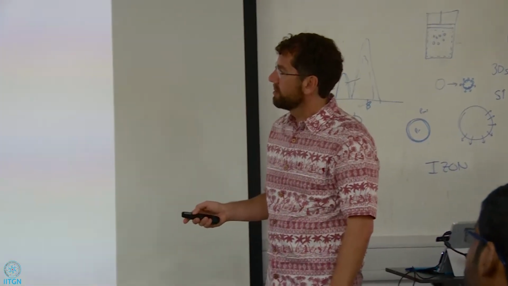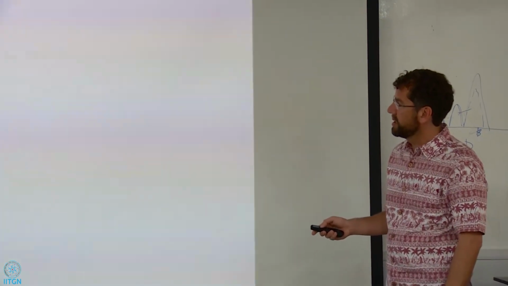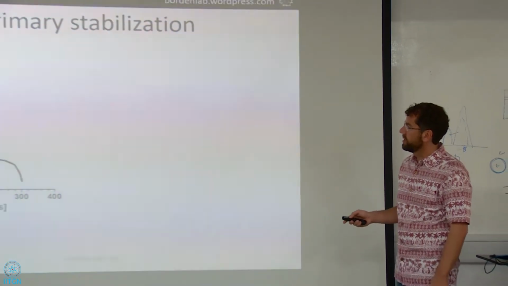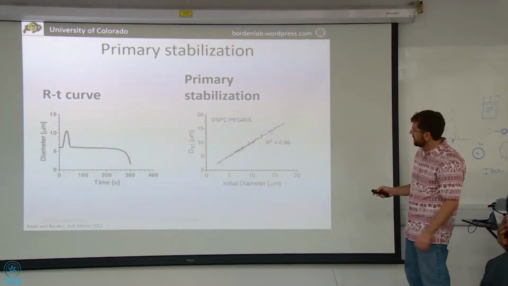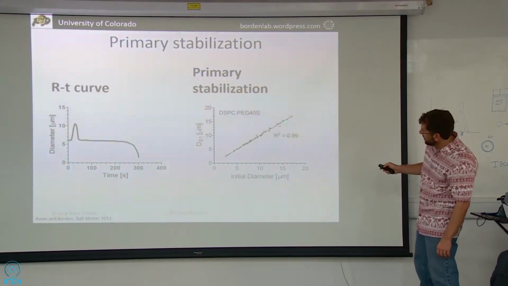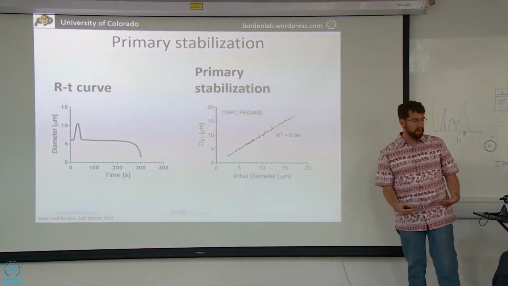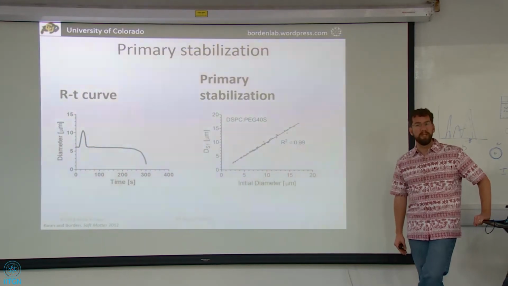So again, you get this primary stabilization. This is like a DMPC type of bubble that initially grows and then shrinks. This is for DSPC. If we look at the initial diameter versus the initial stable diameter, it matches up very nicely. We call this resealing or self-healing behavior.